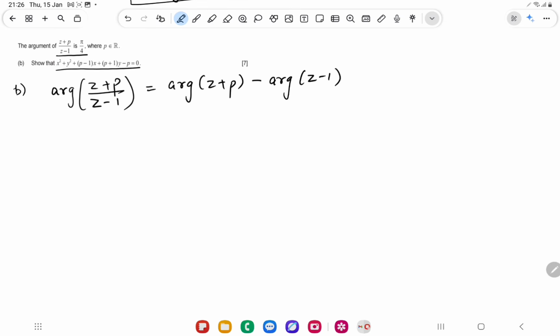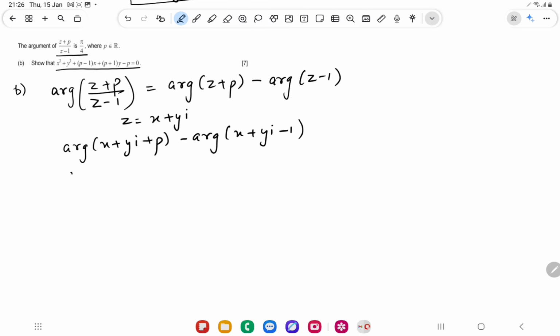This is the property which you can find in your formula booklet. Now since z was given to me as x plus yi, I can substitute it here on the right hand side and write it as argument of x plus yi plus p minus argument of x plus yi minus 1.